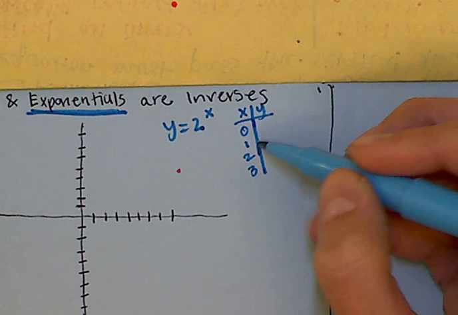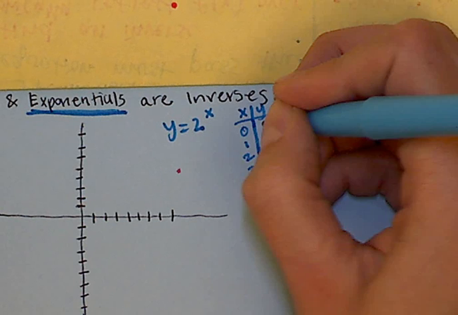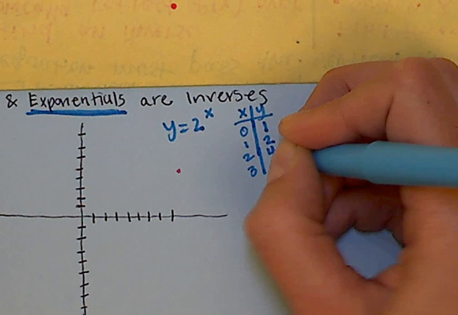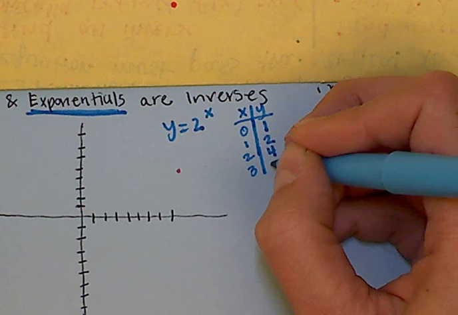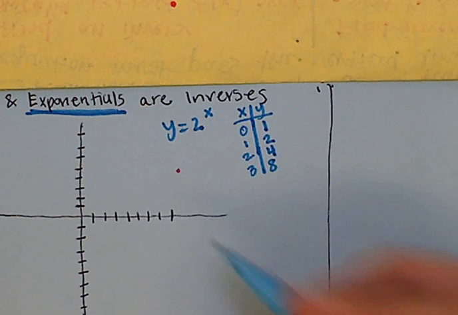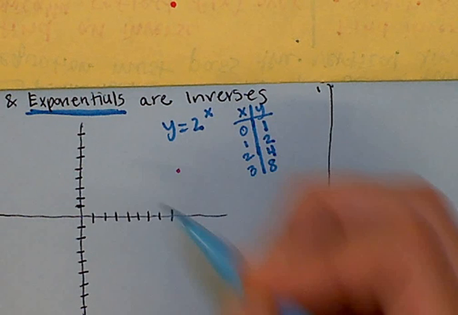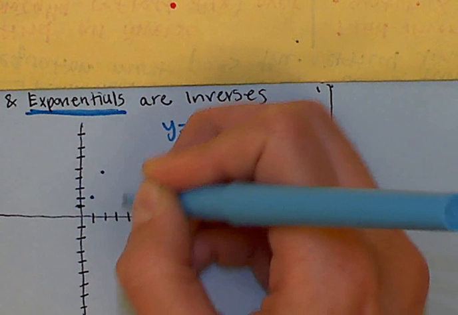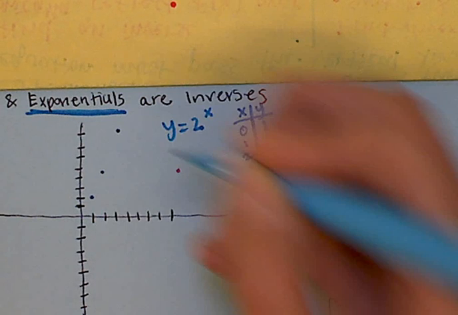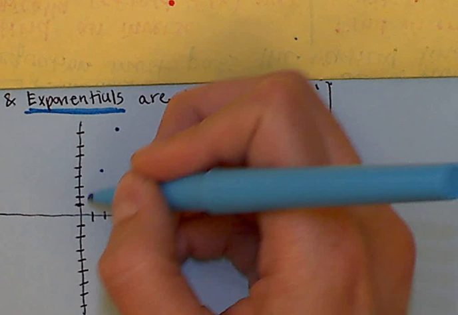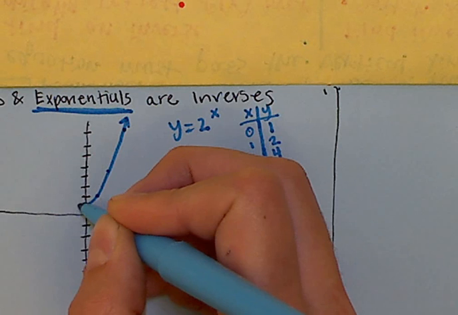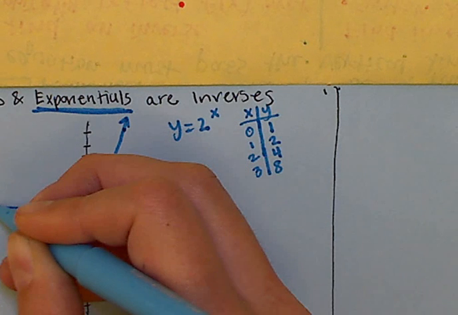So 2 to the 0 is 1, 2 to the 1 is 2, 2 squared is 4, and then 2 to the third power is 8. So I'll plot my points: (0, 1), (1, 2), (2, 4), and (3, 8). My exponential graph is going to go up from here. And I know that exponentials never go below 0, so it'll just follow this asymptote there.